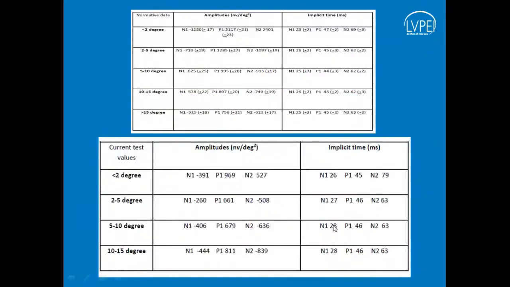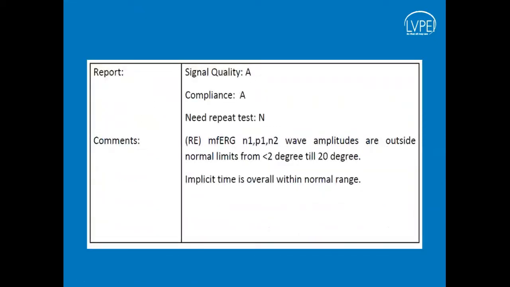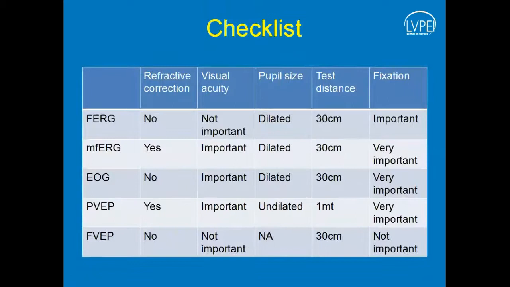Once these are all done, keeping in mind the normative values and the patient values, we can definitely tell that these values are not fulfilling the criteria. So these are all reduced. So at the end, we can justify that the response taken from the patient who is having some pathology or some findings has all the amplitudes outside the normal range, despite the implicit time being within normal limits.